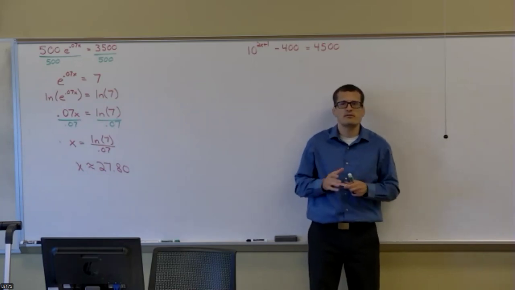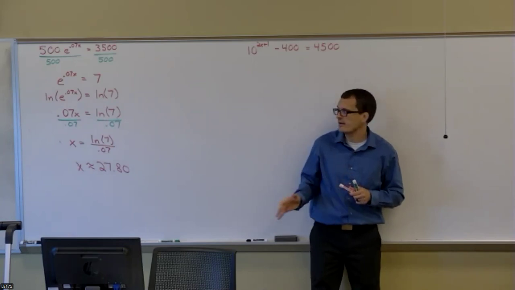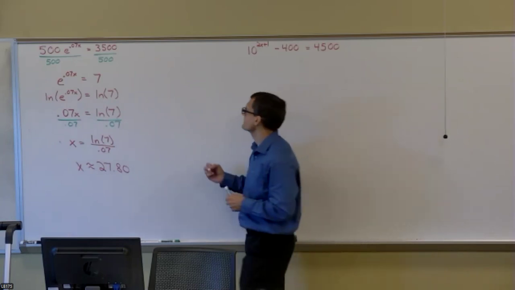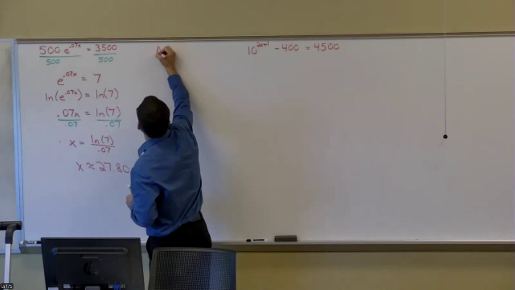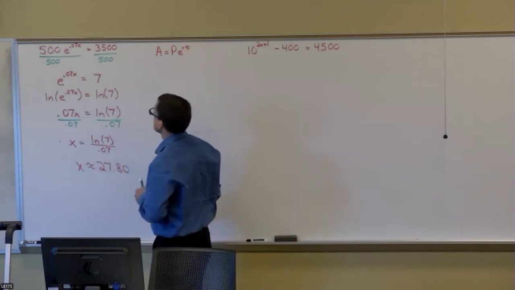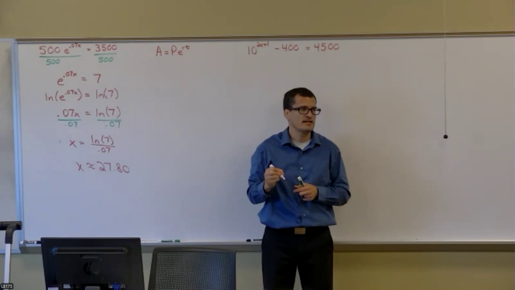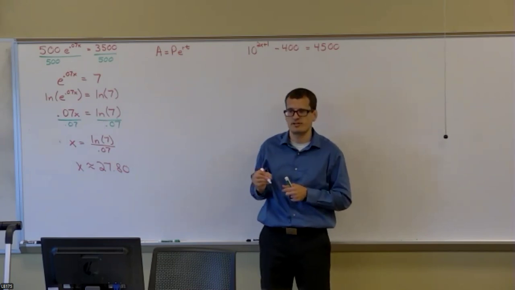Now, I want to point out something before I move on. Remember our equation for compounding interest continually? A equals P times e raised to the rt power.